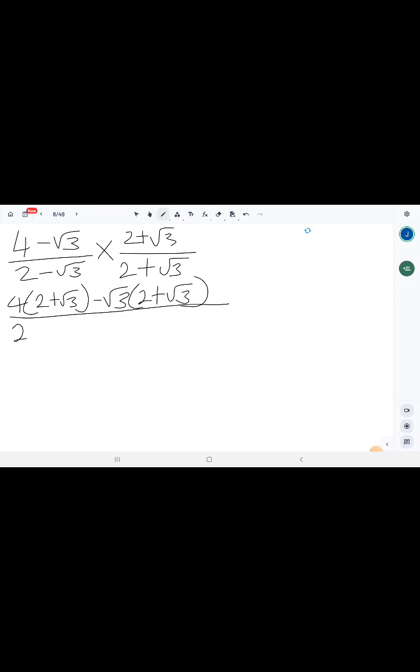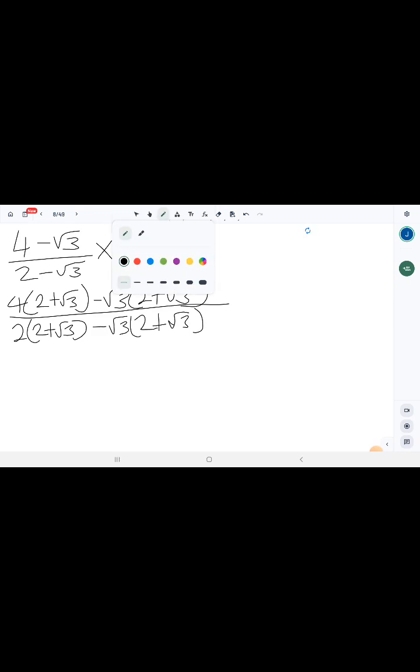So you say 2 open bracket 2 plus root 3 close brackets, and you have minus root 3, and you write minus root 3 open bracket 2 plus root 3 close bracket.